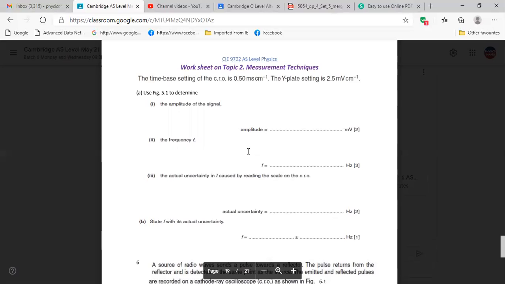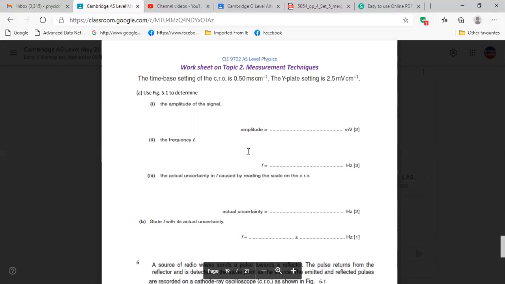So here you got the time-base setting, which is shown on the x-axis, right? And the Y plate, that means the vertical y-axis, is showing you the voltage, millivolt per centimeter.